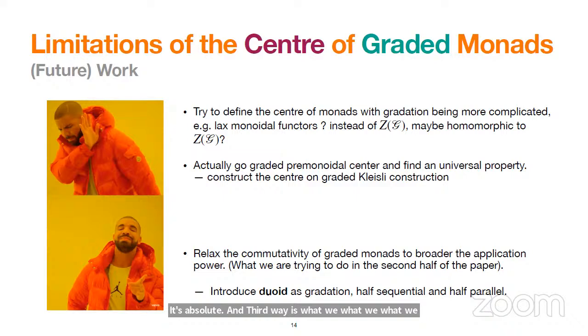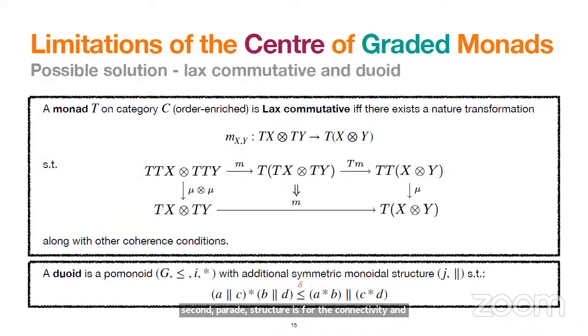And the third way, which is what we did, is to relax the commutativity of graded monads to broaden the application power. To do that, we introduced the duet as gradation. The duet is half sequential and half parallel, where the parallel structure is for the commutativity, and the sequential is for the non-commutativity. And I'll give you the definition here. The lax commutative one doesn't rely on the tau anymore.